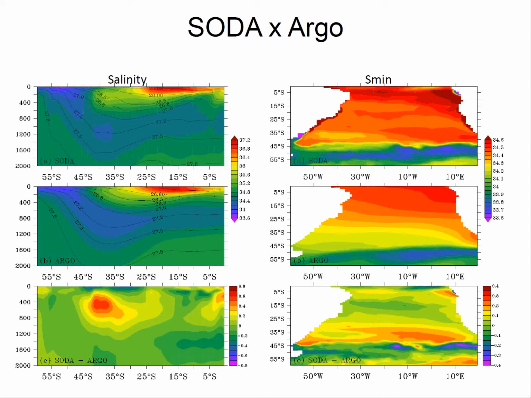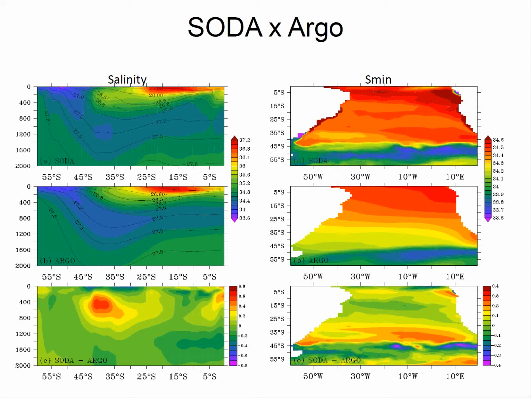We have this strong change here due to the depth of the intermediate water. This is the salinity minimum over the Atlantic, ranging from 33.6 to 34.6, and we see similarities.